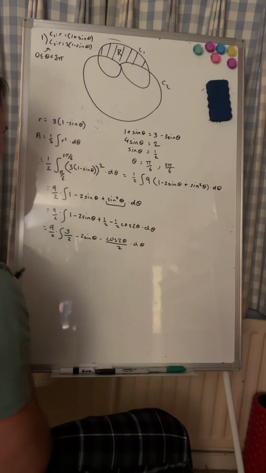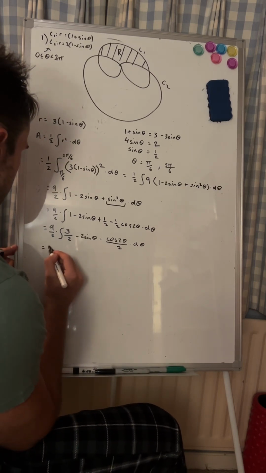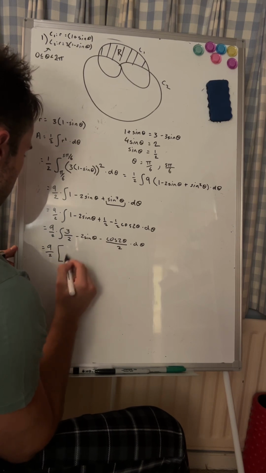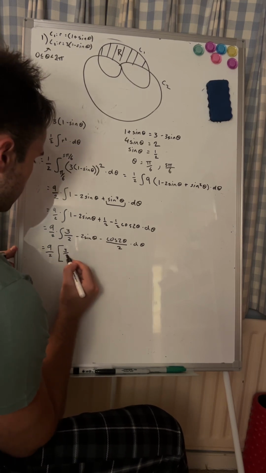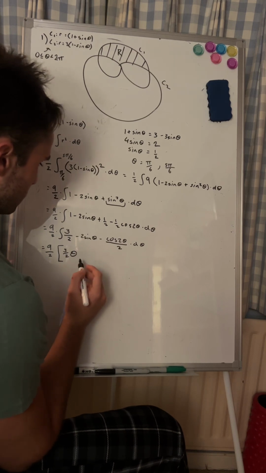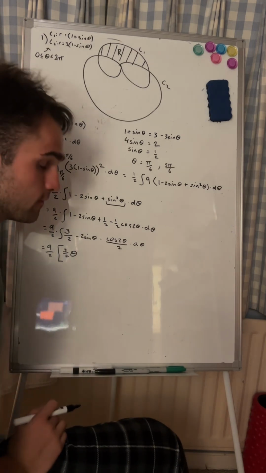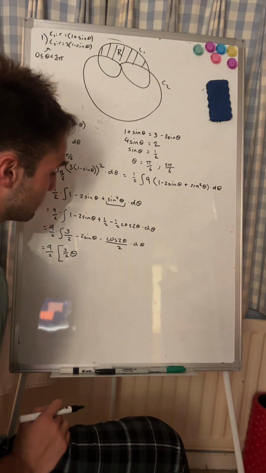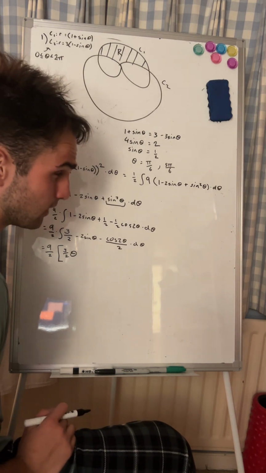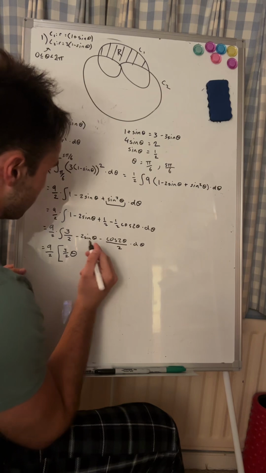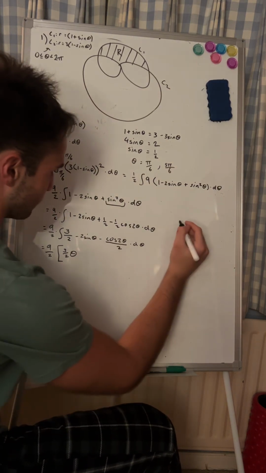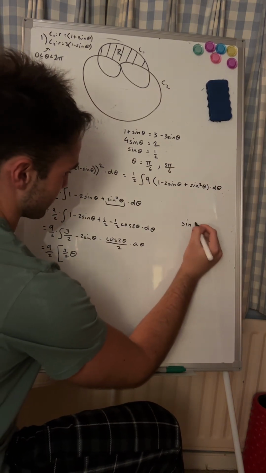So this equals 9 over 2 lots of 3 over 2 theta minus 2 sine theta goes to cos theta, I believe. I think. Let's use a little trick, eh?